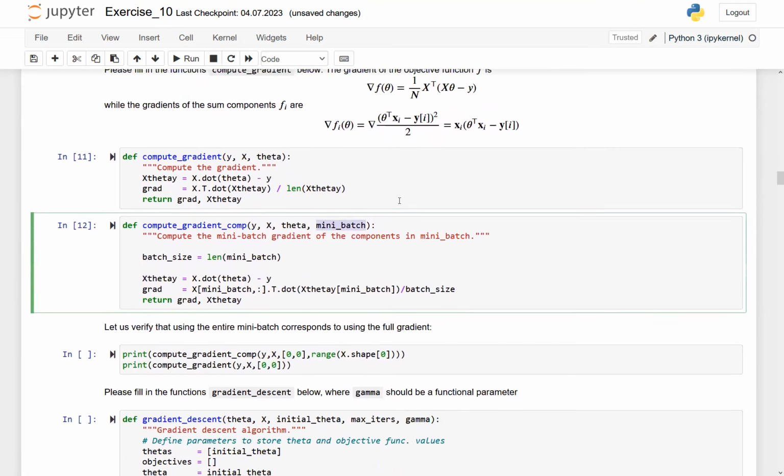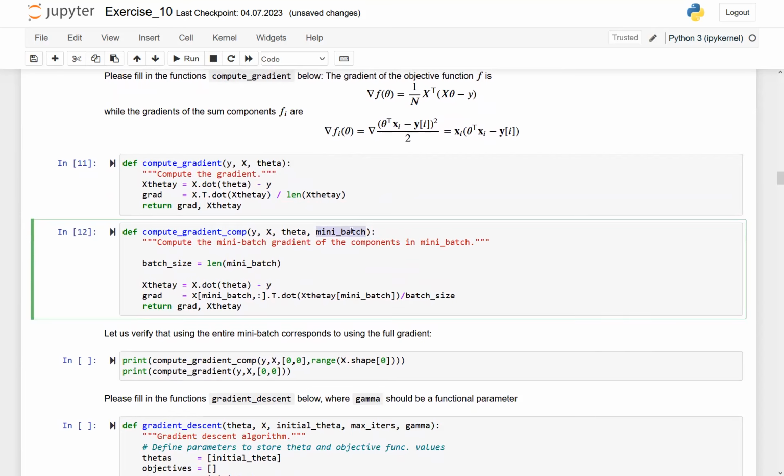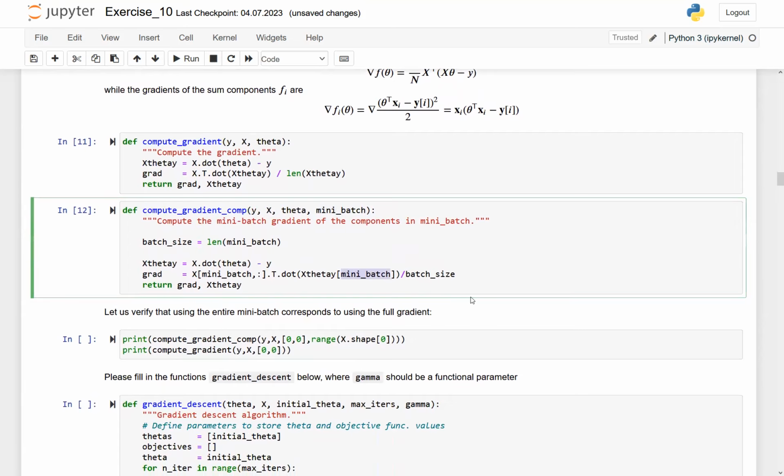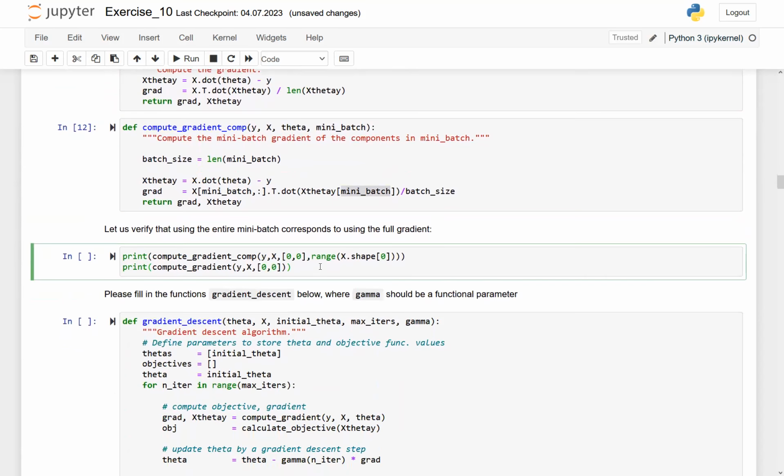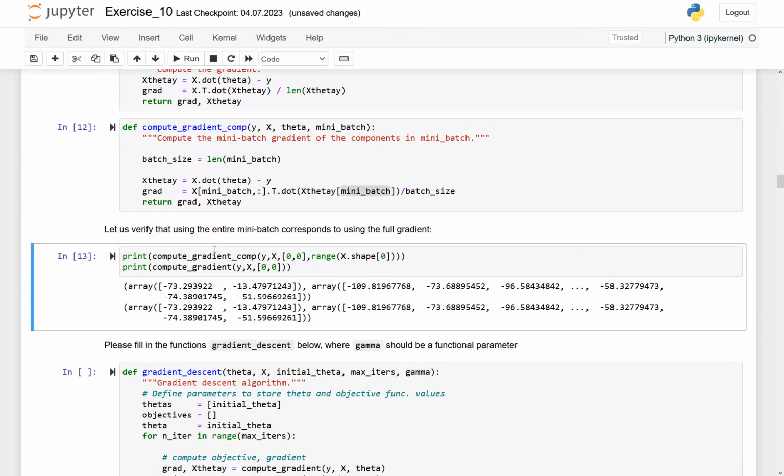But you could, so here for the mini batch, you could specify the indices of the mini batch, and then you will have the stochastic gradients based on a specific mini batch as well. Okay, so this is a verification.